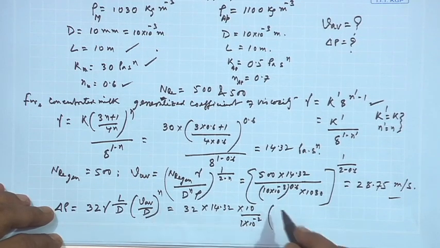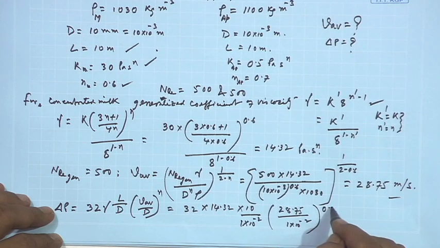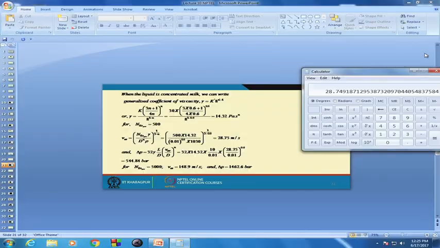V average we have just found out to be 28.75 over D is 1 into 10 to the power minus 2, whole to the power 0.6 n, right. So, this comes equal to, let us look into that.